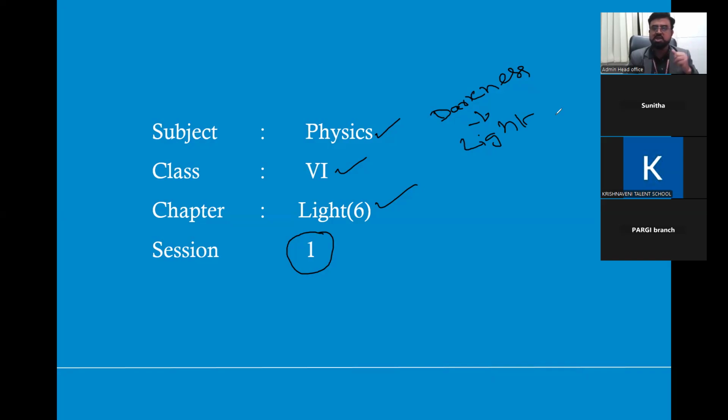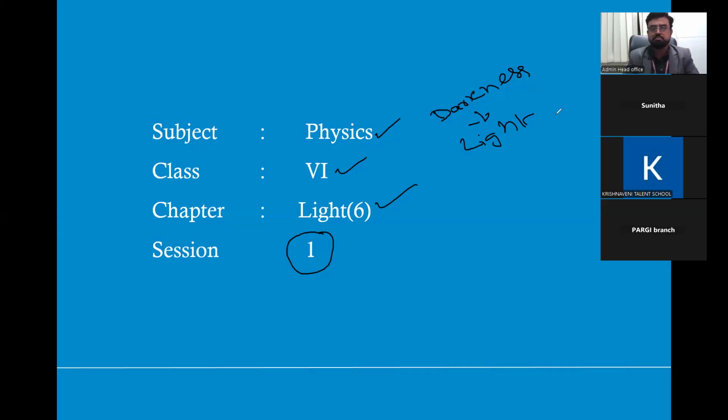So in this chapter, as it is the beginning, we'll discuss some basic concepts of light, some important applications of light in day-to-day life, and some important scientific terminology related to light.